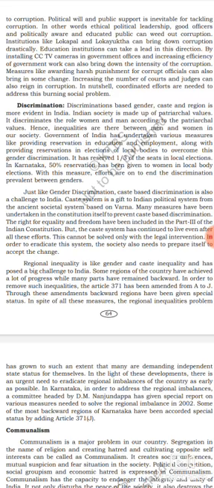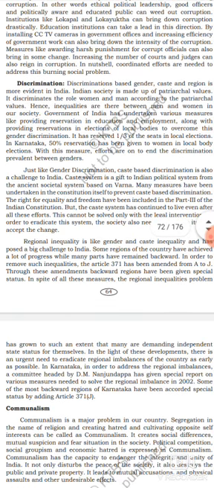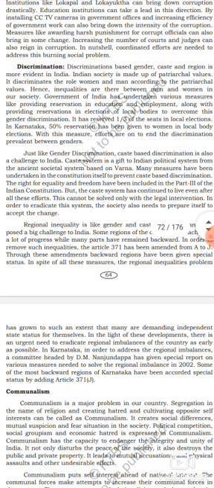In spite of all these measures, the regional inequality problem has grown to such an extent that many are demanding independent status for themselves. In the light of these developments, there is an urgent need to eradicate regional imbalances of the country as early as possible.